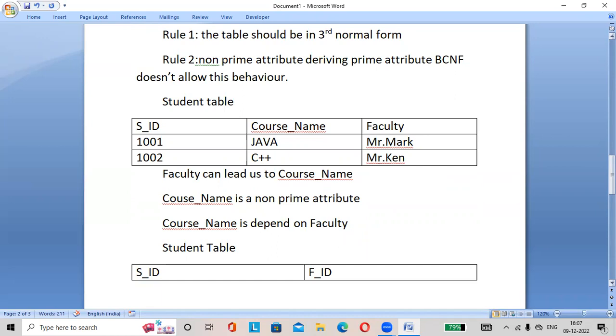Next, a non-primary attribute deriving a primary attribute is not allowed in BCNF. A primary attribute should derive a non-primary attribute; a non-primary attribute should not derive the primary attribute. So what we need to do is break the table.